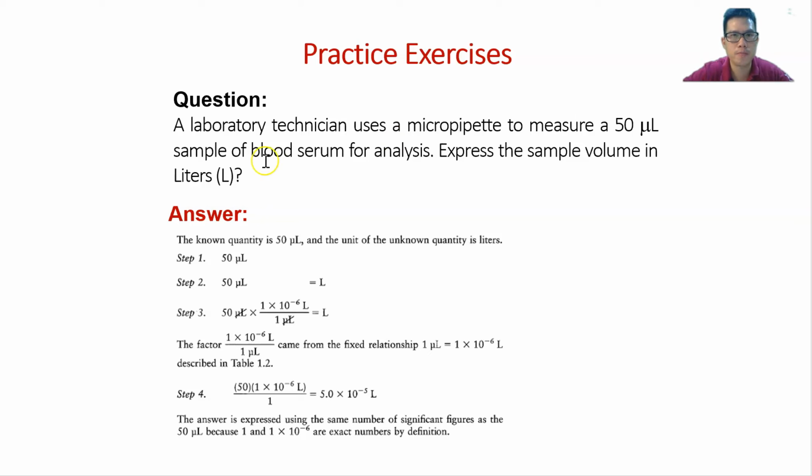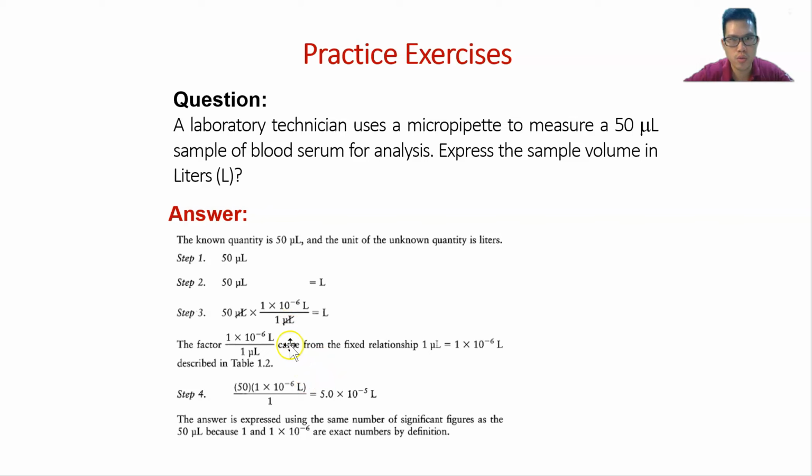Okay, so a lab technician uses a micropipette to measure a 50 microliter sample of blood serum for analysis. Express the sample volume in liter. Wow, from microliter to liter, that's a very, very big difference here. So what you do is you divide it by 1000 and 1000. So you can see you need to divide it by 1 times 10 to the power of 6.